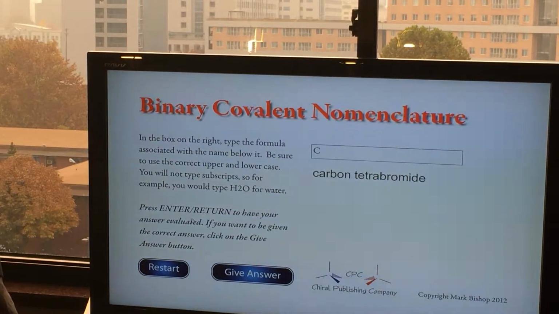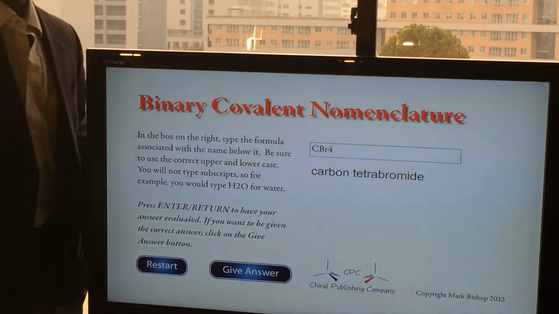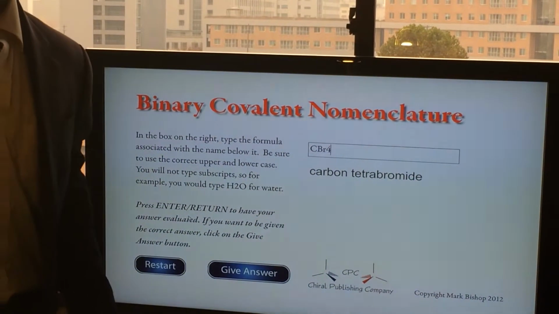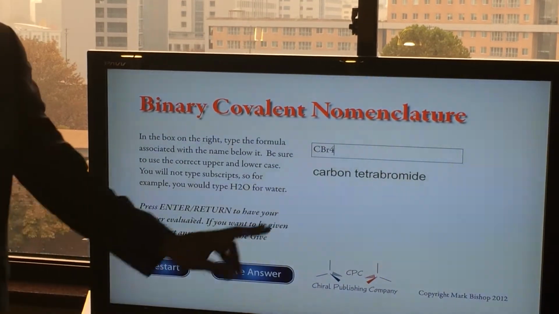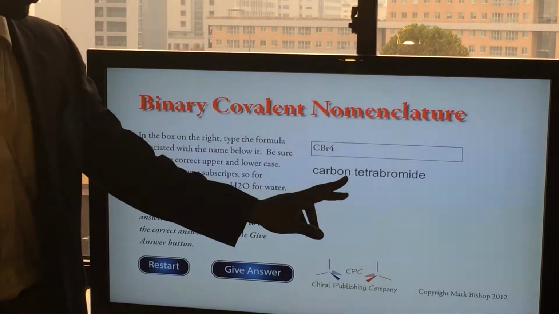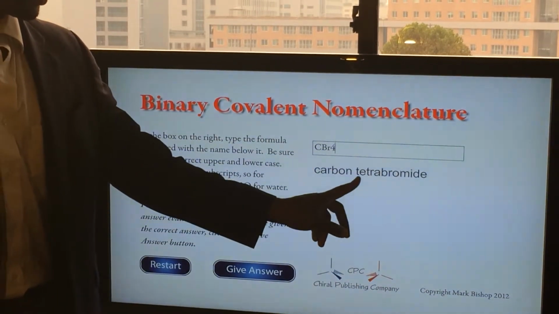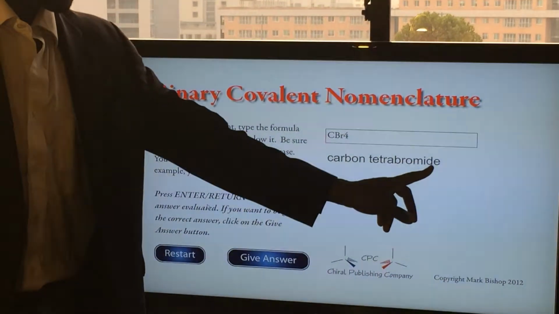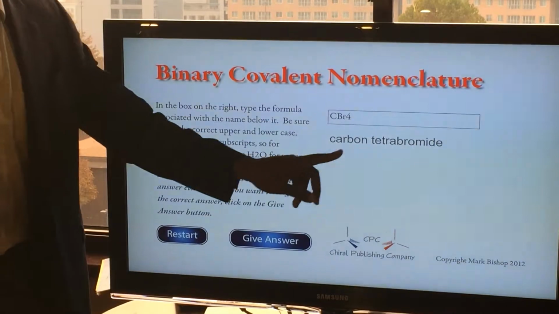So we would need 4 bromide ions to balance the charge on the +4 carbon. But you see, carbon, its name doesn't have a Roman numeral. And you see in bromide, it has the subscript I, so you can tell that this is the anion and this is the cation.